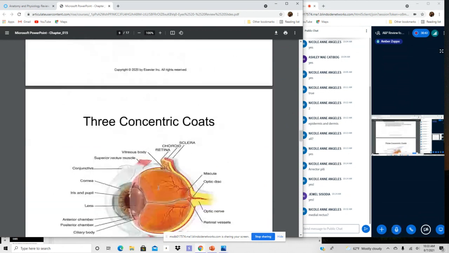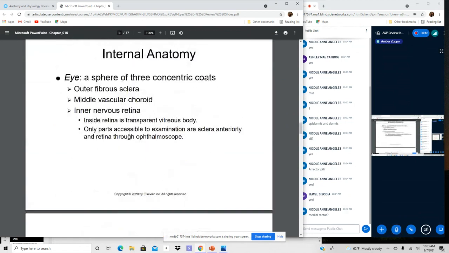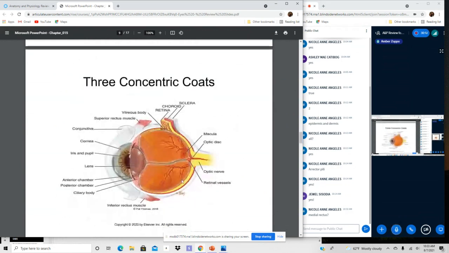Okay, so this picture is showing the three layers that we talked about here, the sclera, the choroid, and the retina. I also want to point out the cornea and the lens because those are important in how we see things. The cornea is this bulging part of the eye here, and behind the cornea is the lens.